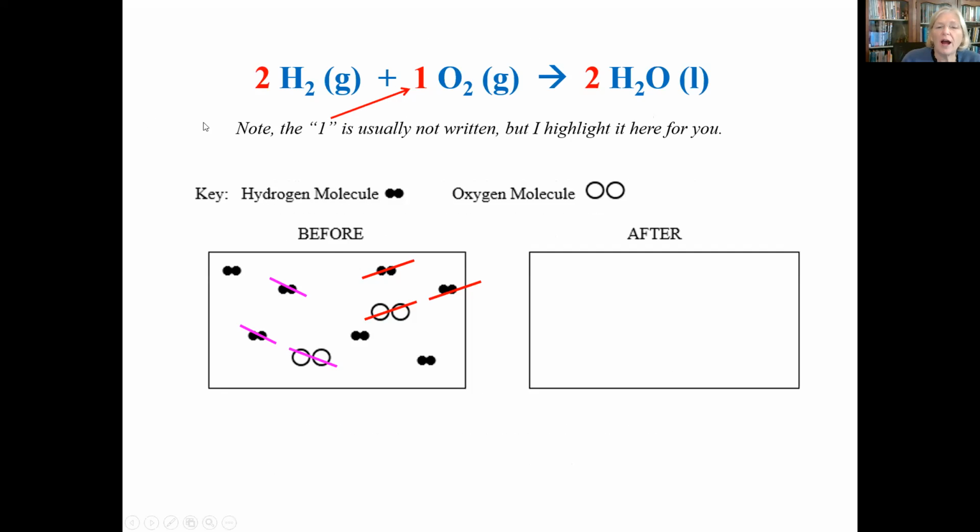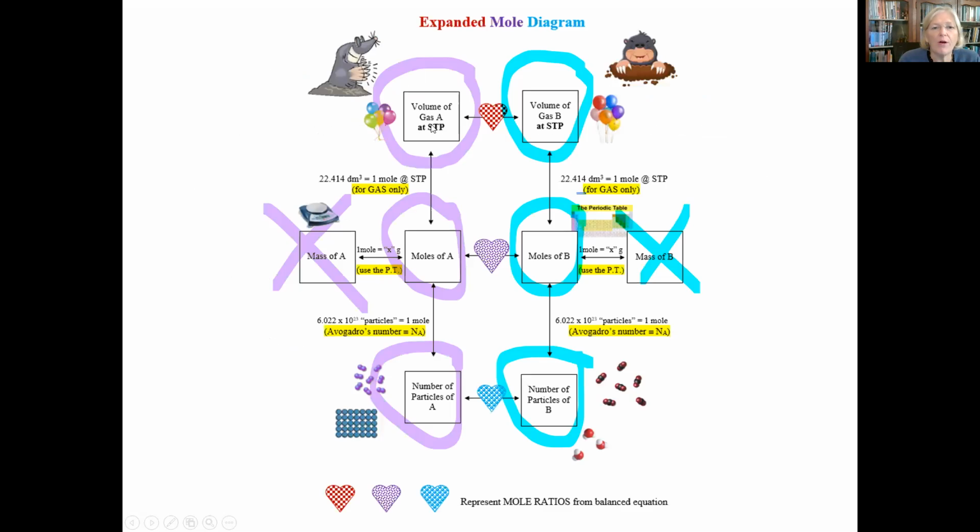Now, I'm sure you've gotten this balanced chemical equation correct, 2 to 1 to 2 being the coefficient ratio between reactants and products. I know you don't usually write the 1, but I'm emphasizing it here for you. Now, what do those coefficients mean? I'd like to remind you that there are 3 meanings of coefficients.